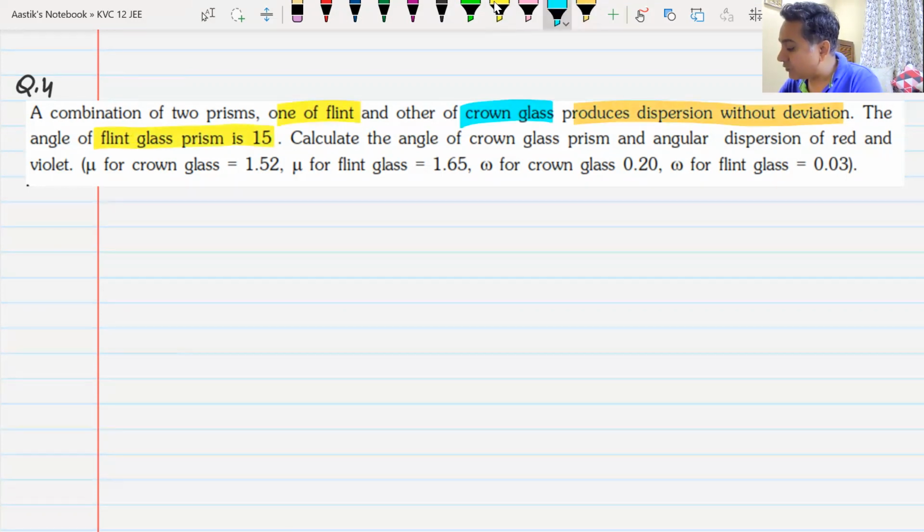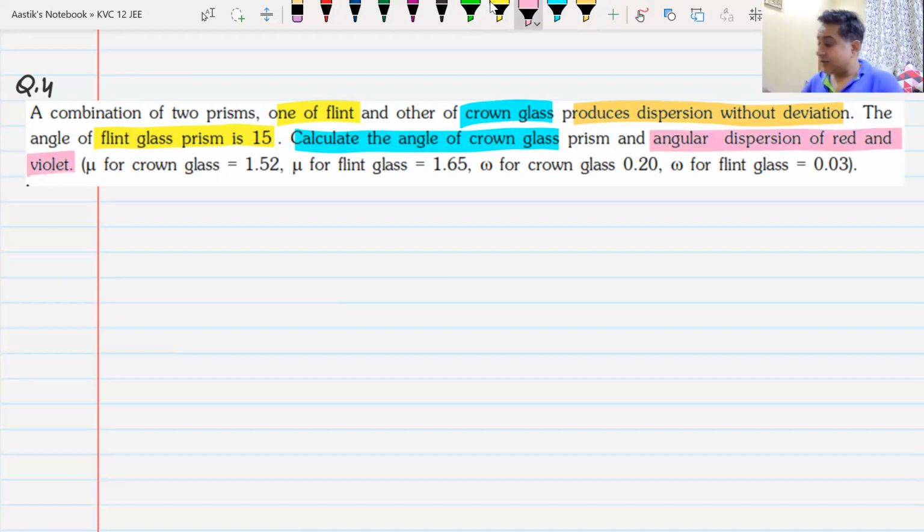Calculate the angle for the crown glass. That is the first question. And angular dispersion between the red and the violet. That is what you need to calculate. Things are given. Mu for flint glass. Flint is yellow.